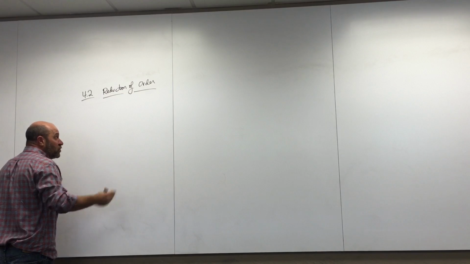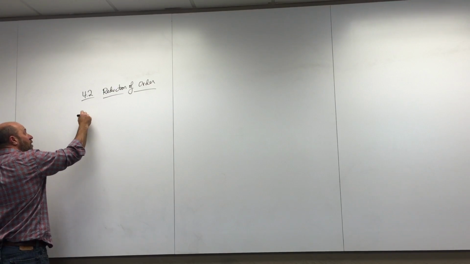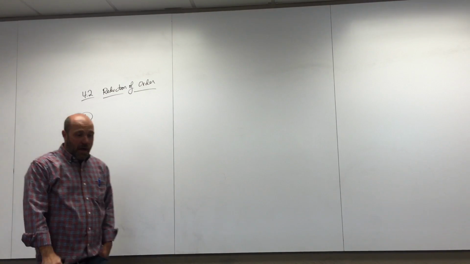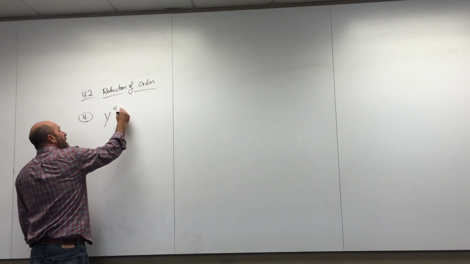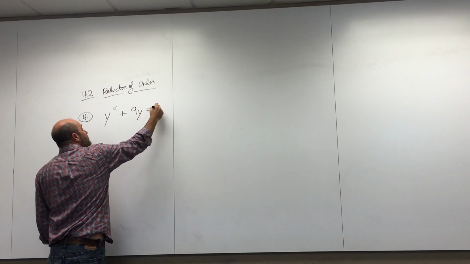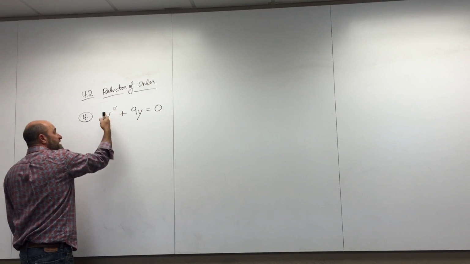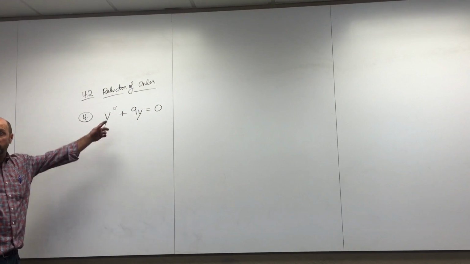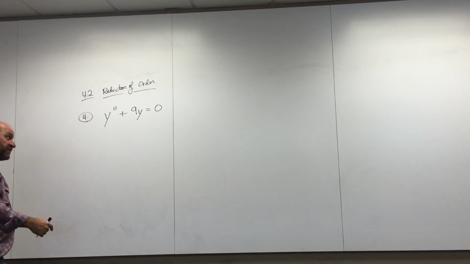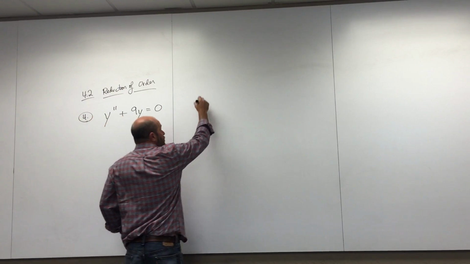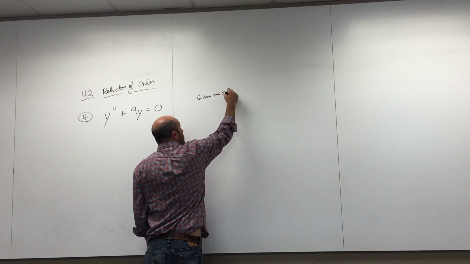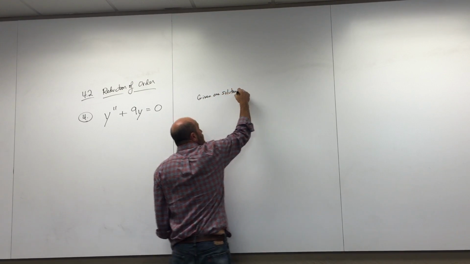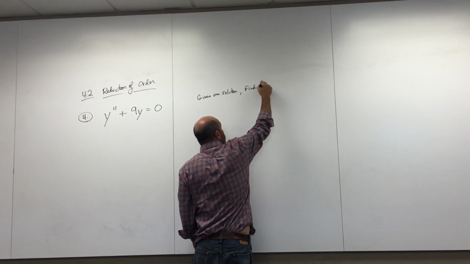And I'm actually going to do one. I'm going to do number 4 out of the book. Number 4, they give me a DE: y double prime plus 9y equals 0. We're doing these higher order differential equations. What's funny is they give me one solution. You're given one solution, and the directions are find the other.